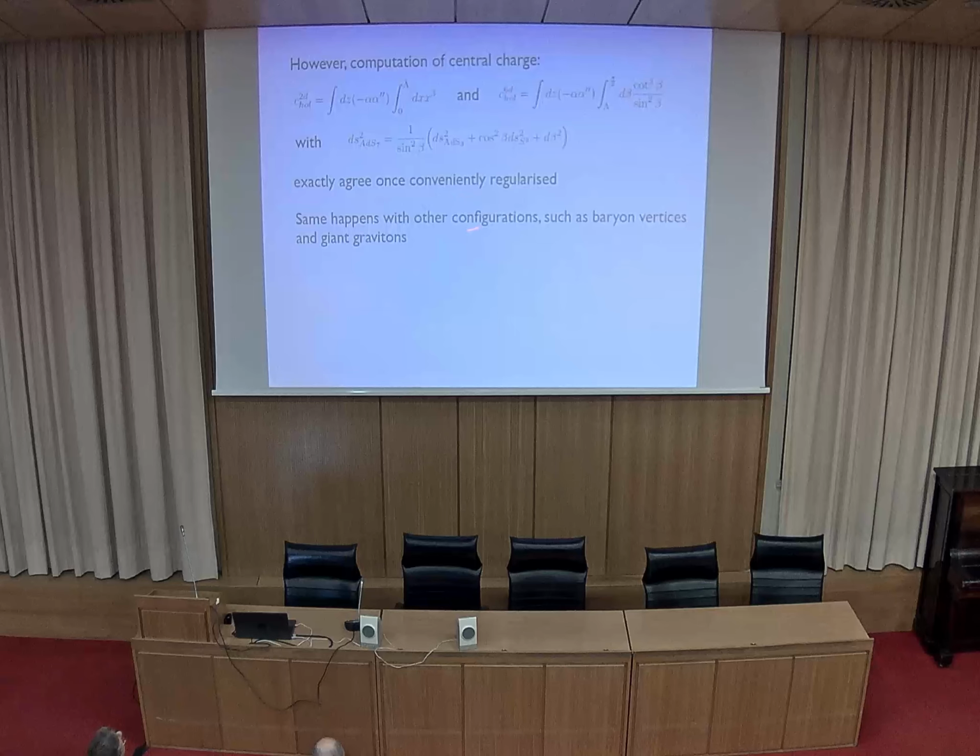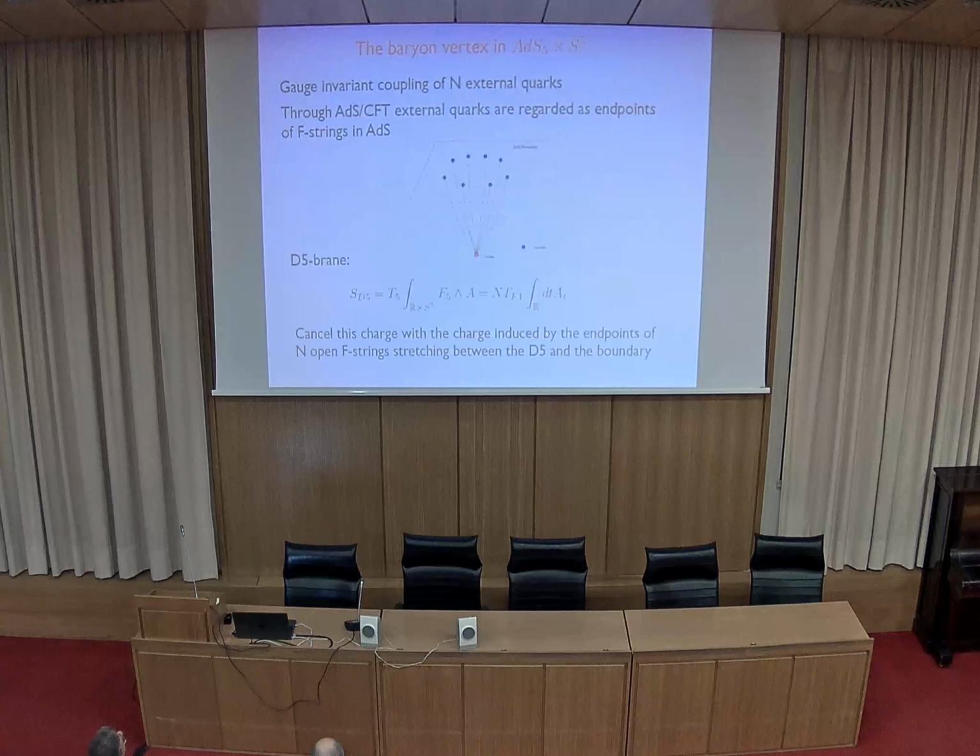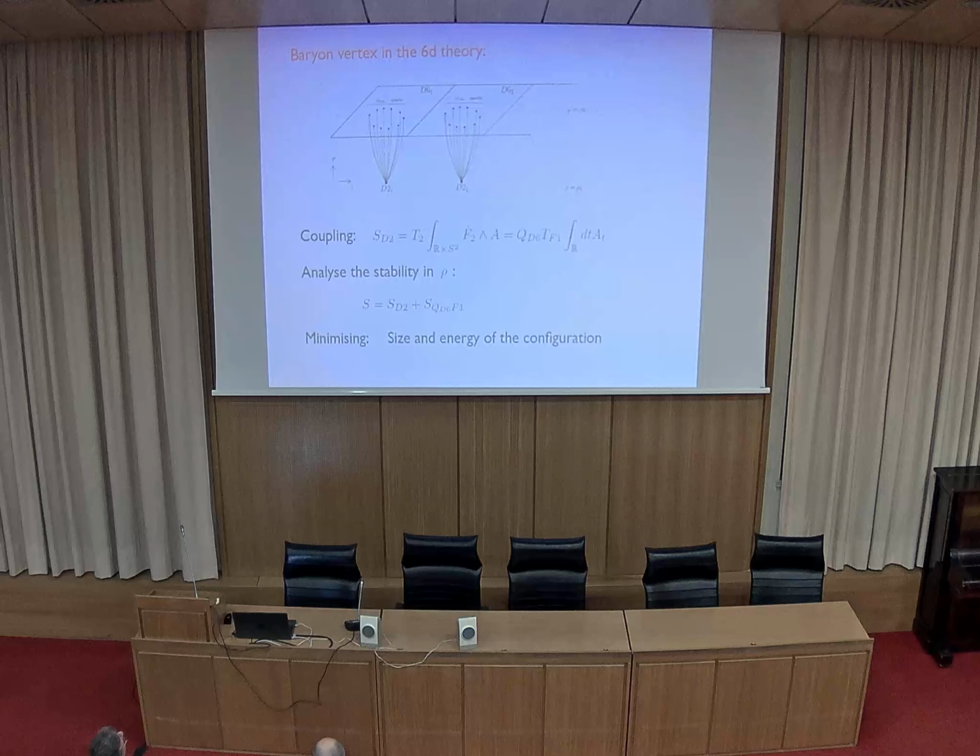So to look at other configurations, we looked at the baryon vertex, we looked at giant gravitons, and compared those configurations in the defect theory and in the mother theory. And here I'm not going to give any details. Baryon vertex, this was the introduction just to recall what this is.